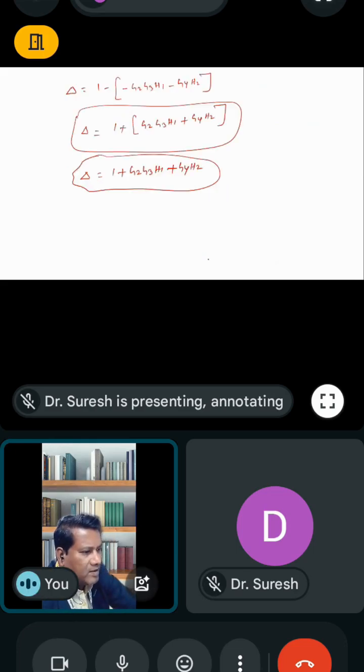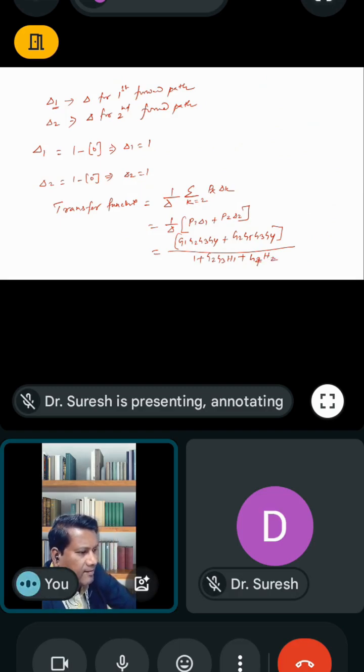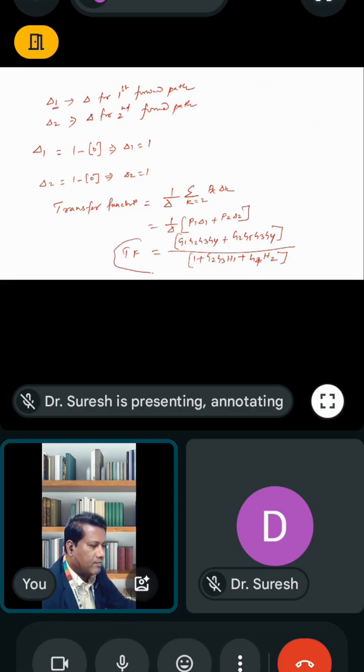So the del value is 1 plus g2 g3 h1 plus g4 h2. Kindly check. This is the del value. So we got the overall transfer function of the system.